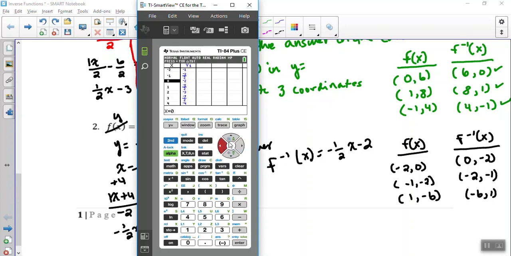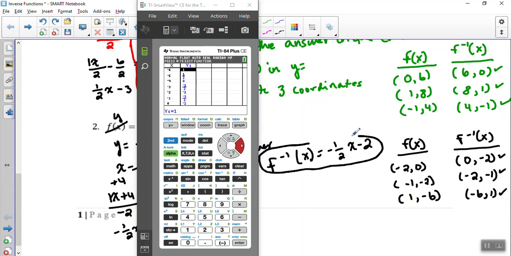Does negative 2 go to negative 1? Where's negative 2? Up here? Yep, it does. So this one matches, this one matches. Does negative 6 go to 1? Yeah, it does. Negative 6 does go to 1. Okay, so now that I've confirmed the answer, I'm going to go ahead and circle it to make sure that this is it.